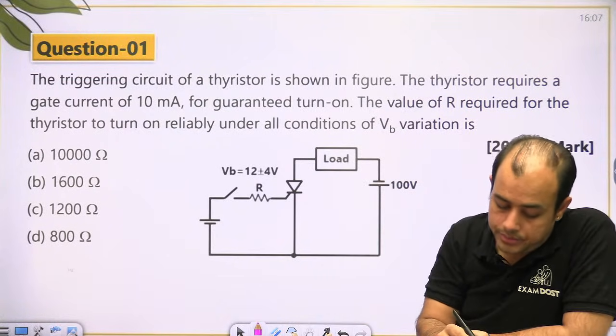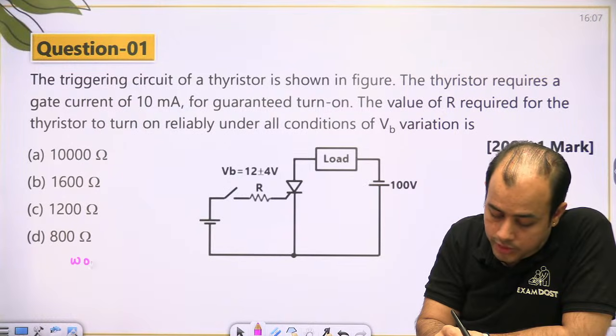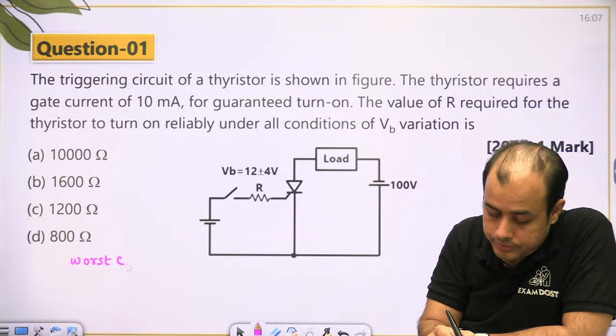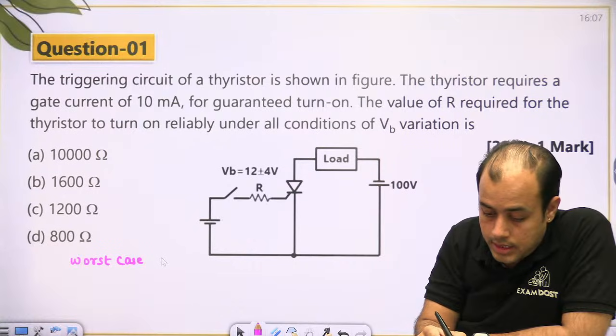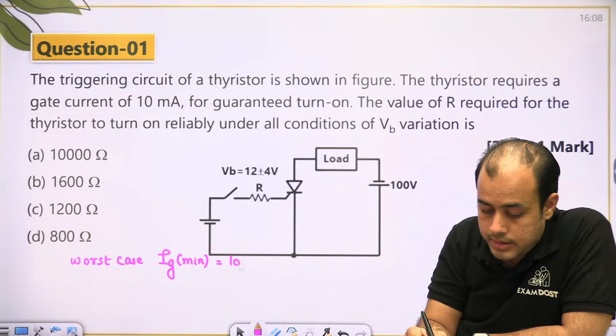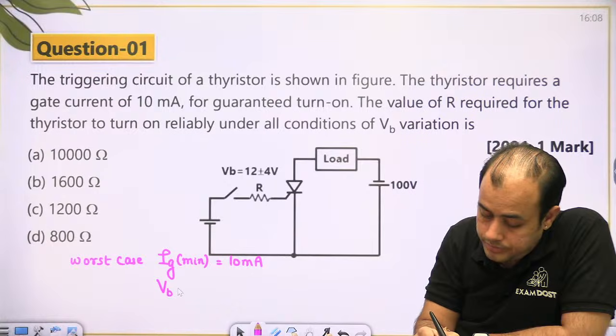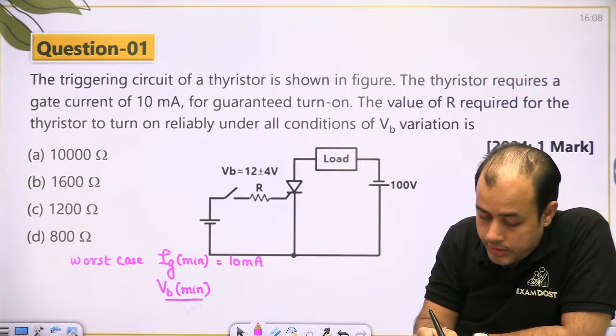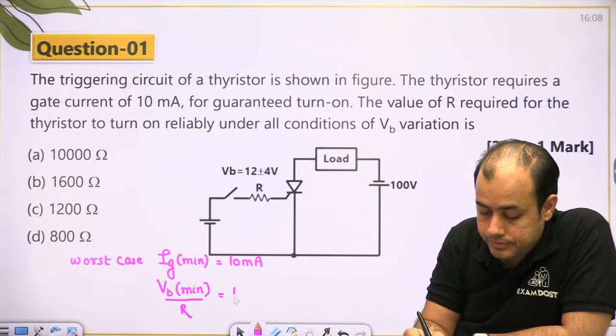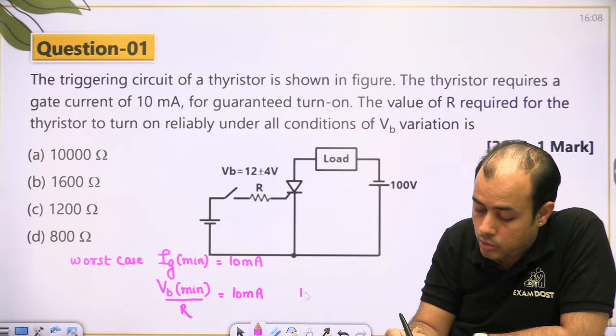So let's see, I will solve for the worst case. I will say minimum gate current is 10 milliampere, for which I will take the minimum value of the supply voltage.